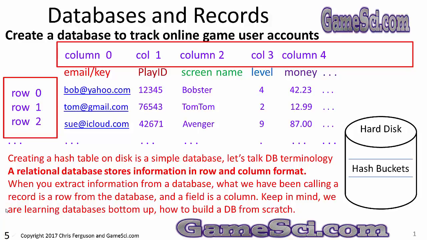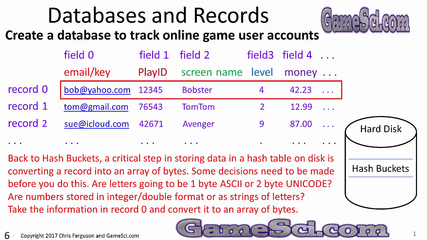We're learning how to build a DB from scratch. We've called this record 0. In database terminology, we call this row 0. We've been calling this field 1. In database terminology, we might call this column 1. Know the row versus column terminology. By the time you get to real databases and working on commercial databases, you'll be using row and column instead of record and field.